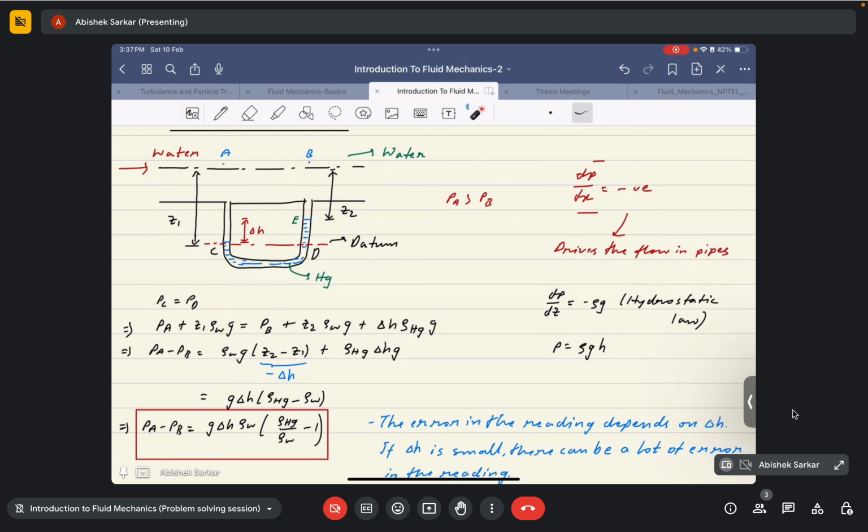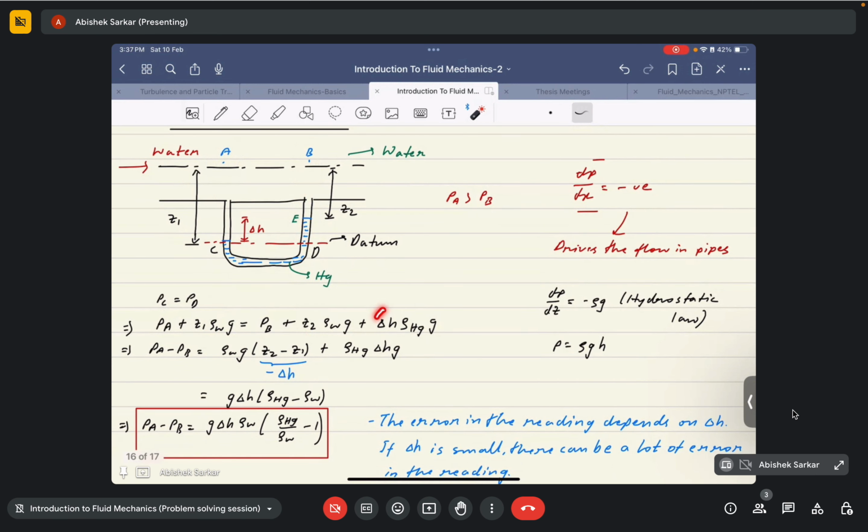And finally this column would be rho Hg, the density of mercury, into G, the acceleration due to gravity, and now this difference I told you was delta H, right? Z1 minus Z2, so this is the height, it is delta H. So rho Hg into G into delta H. So our balance is done.